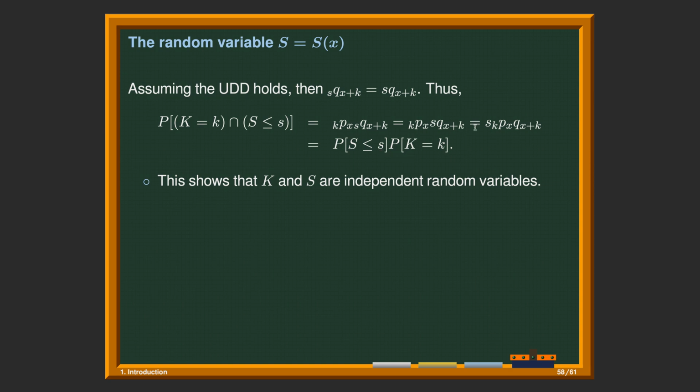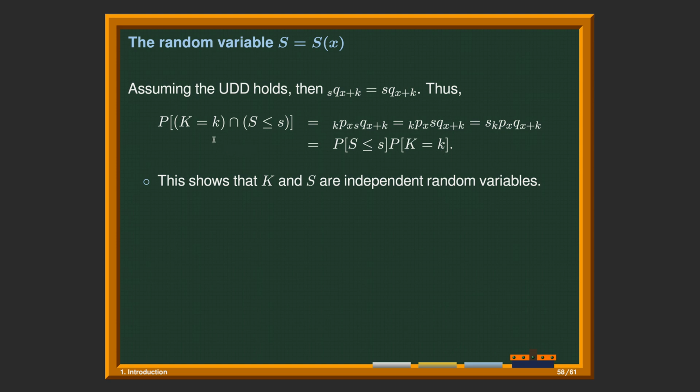And then if we can take this as such, assuming that S is uniform on the interval from 0 to 1. And kpx qx+k is actually the probability mass function of K evaluated at small k.